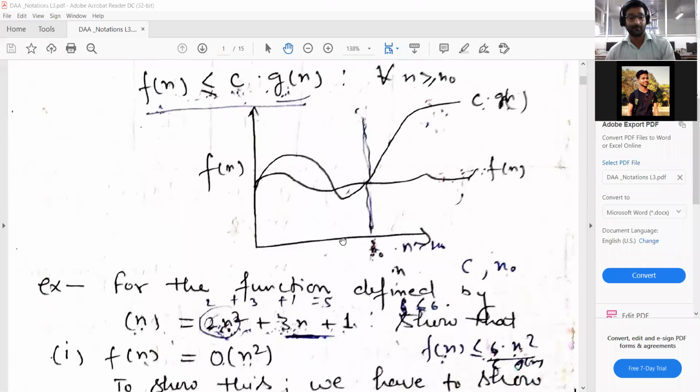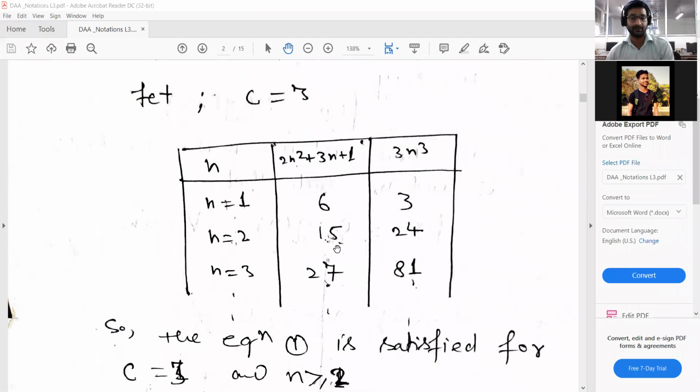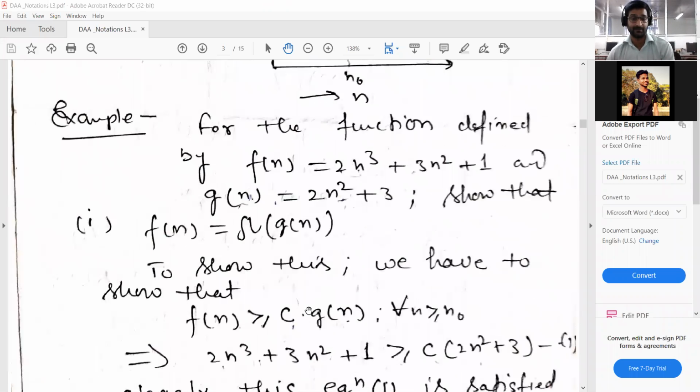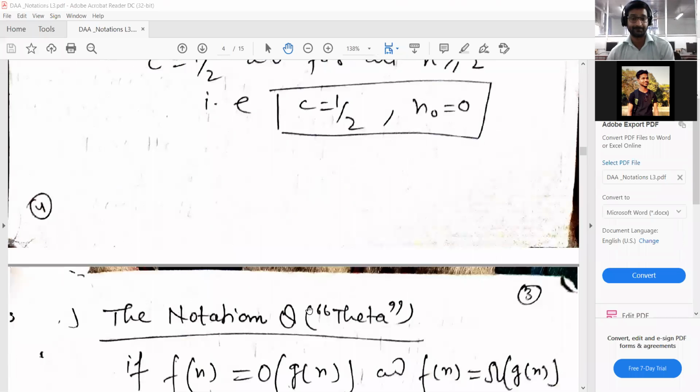For that, one simple approach which you can use is, suppose there is some kind of algorithm, let me see if there is some example.